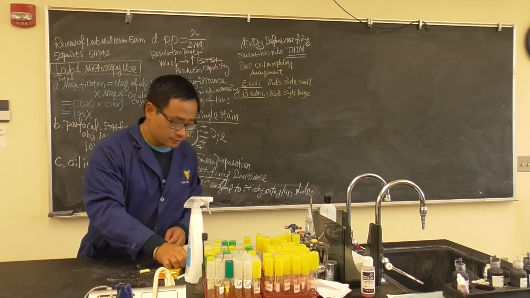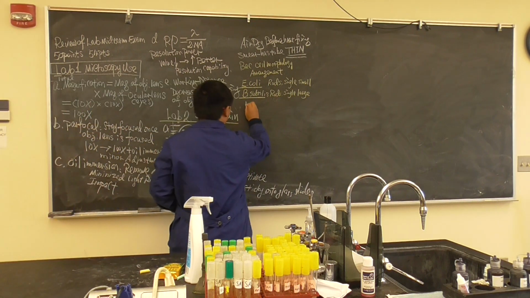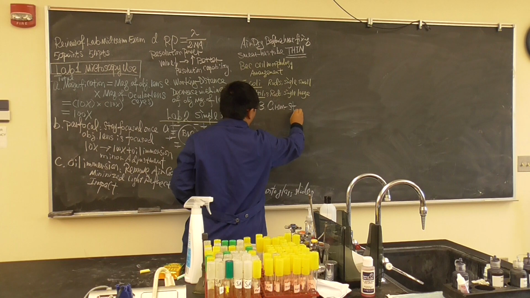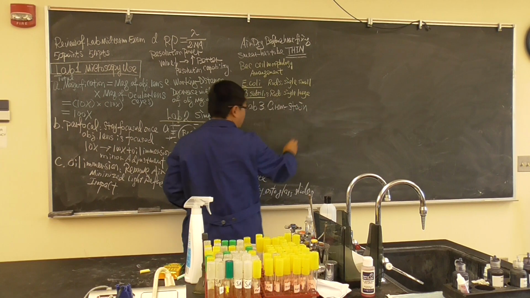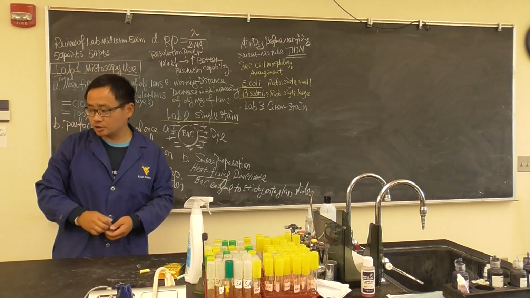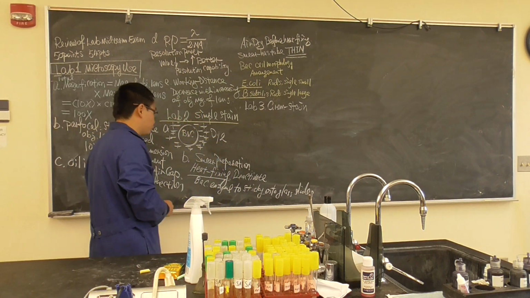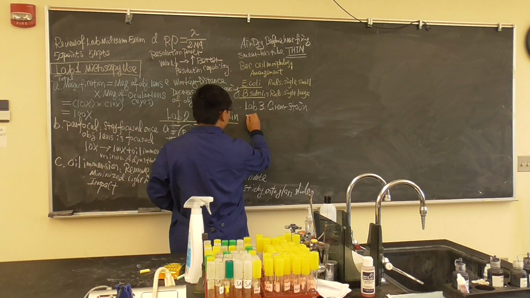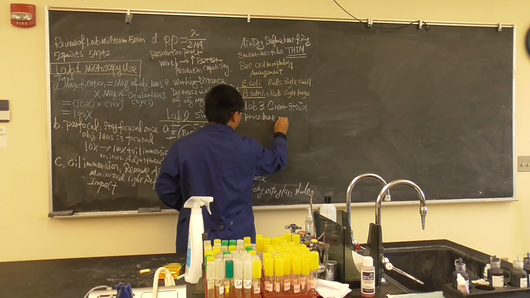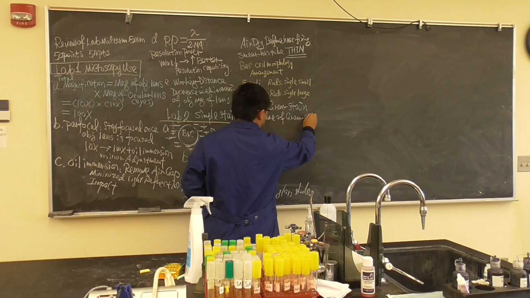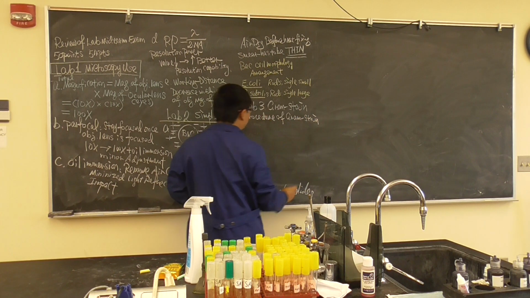Lab 3, we'll move on to gram stain. And so far, you should be very clear about the procedure of the gram stain. I said the procedure is very important. So the procedure of gram stain, you should know very clearly.